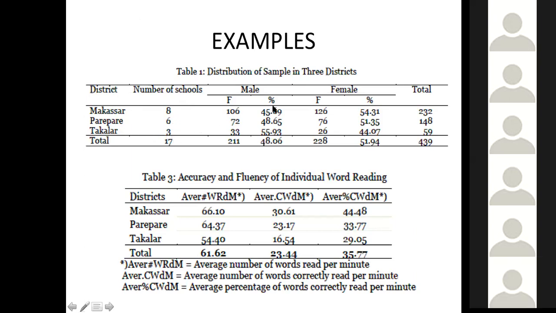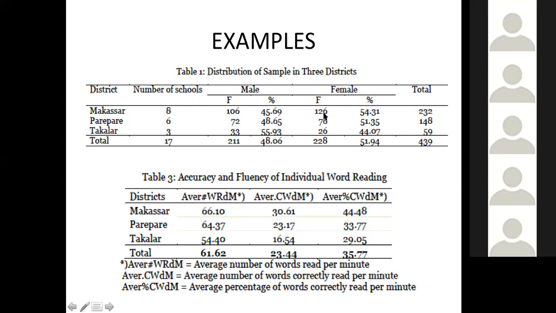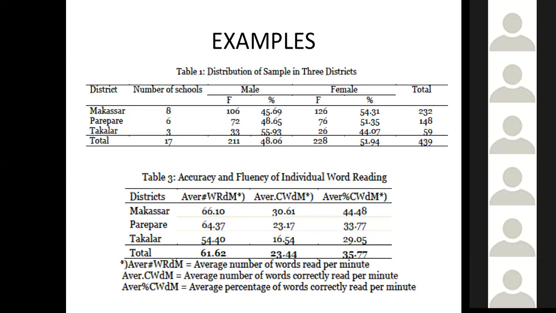And the number of students who became the respondents of the study, male and female, from Makassar: we have 106 female and 126 male, and then the percentage is this, and the total is here. So this is one of the ways to present the data descriptively using what we call the tabular representation of the data.